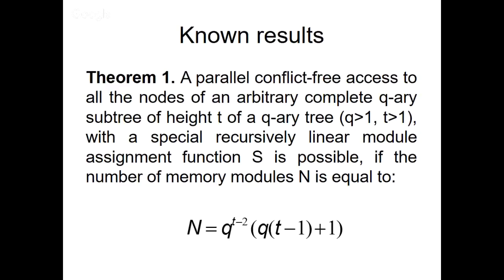There are several known results and known theorems, and I will present 3 of them. First is about parallel conflict-free access to all nodes of an arbitrary complete Q-array subtree of height T of a Q-array tree with a special recursively linear memory model assignment function.